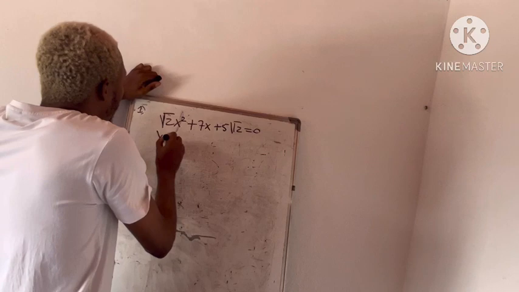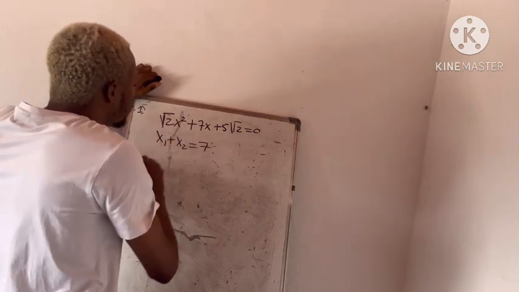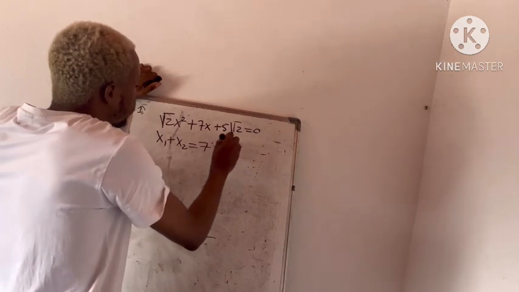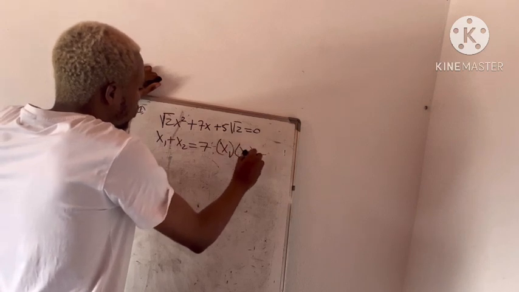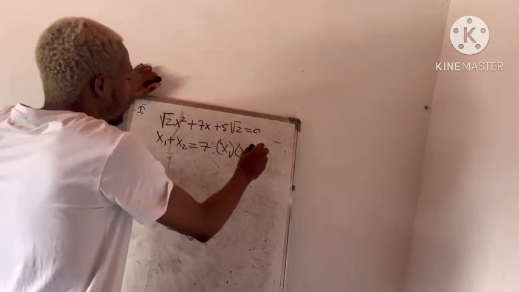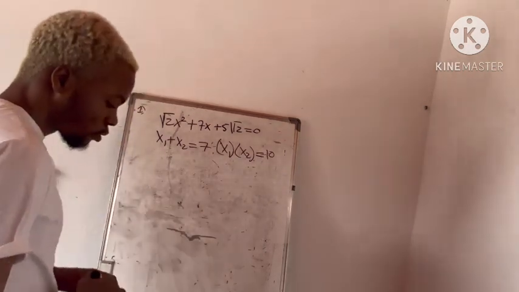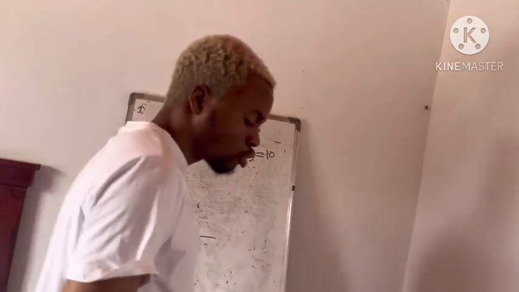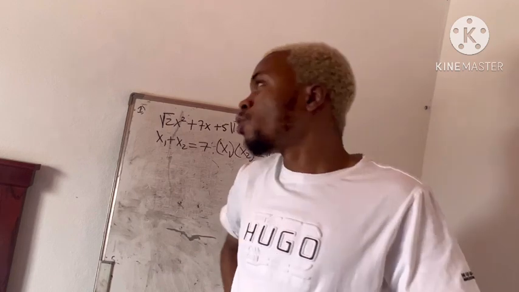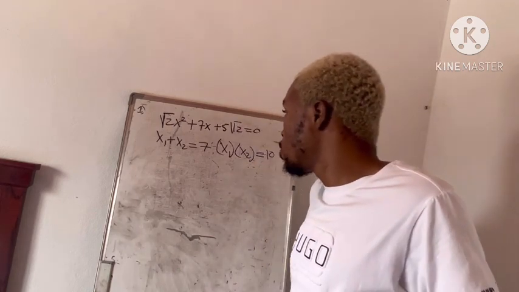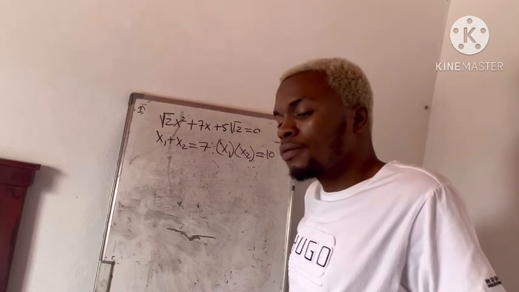So those two numbers, which if you add up is going to give you b, and if you multiply, it's going to give you AC, which you calculated already, and it was 10. So what two numbers, if you multiply, is going to give you 10, and if you add up, it's going to give you 7.